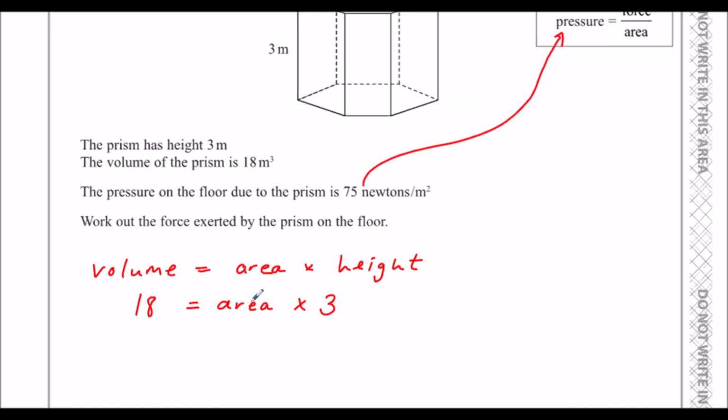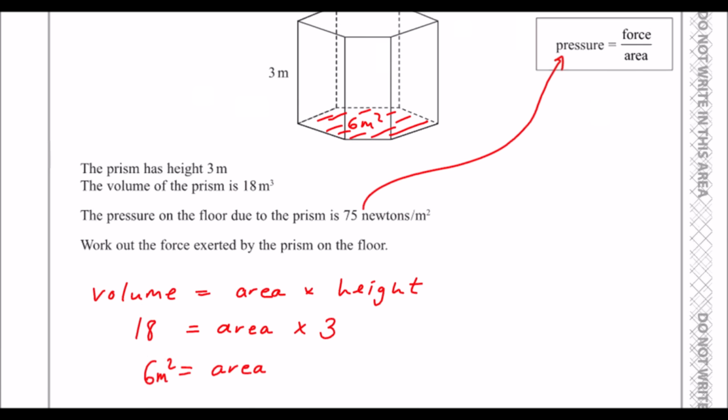So 18 equals the area times 3. If we divide by 3, we get an area of 6, and that's 6 meters squared. So the area of the base of the prism is 6 meters squared.